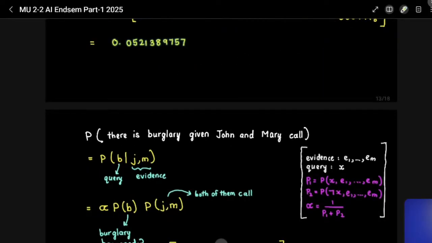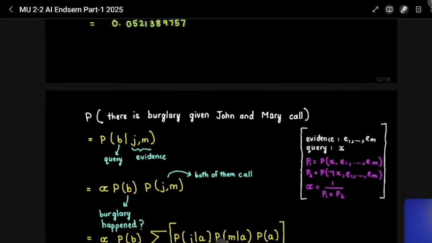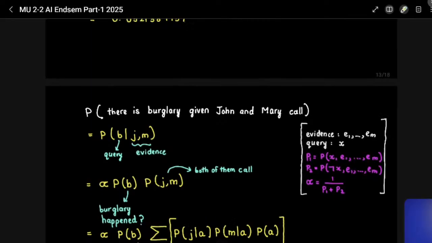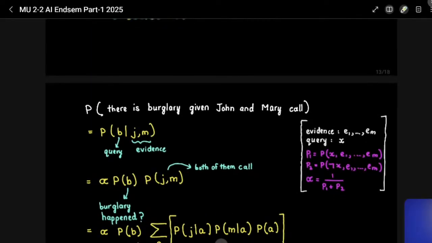Or you could think of this like a formula, anything works. So you take the query outside and then it's like probability of query into probability of all the evidence. You can think of it this way as well, or if you want to think about it logically, you can think about it that way as well. Alpha is just there to normalize the probabilities.